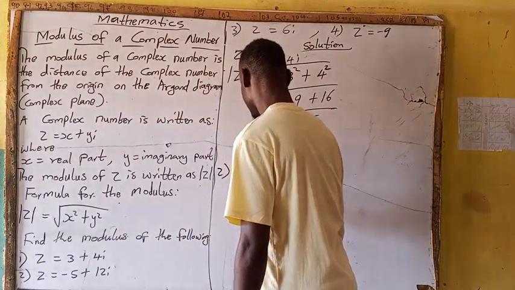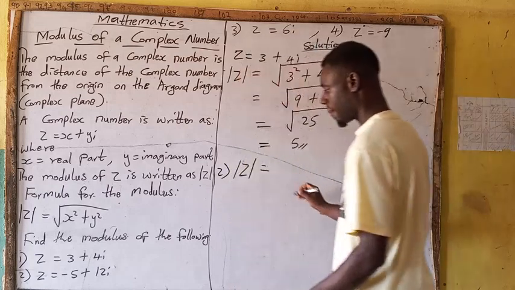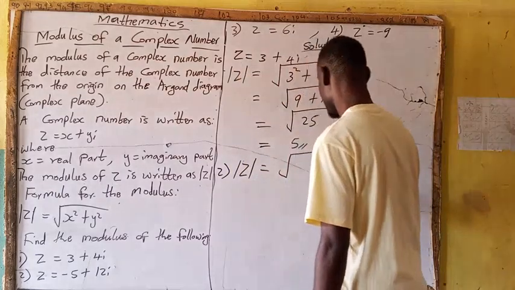The absolute value of z, or of the complex number, you put a square root.